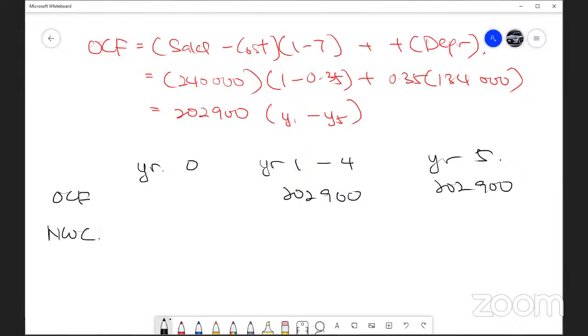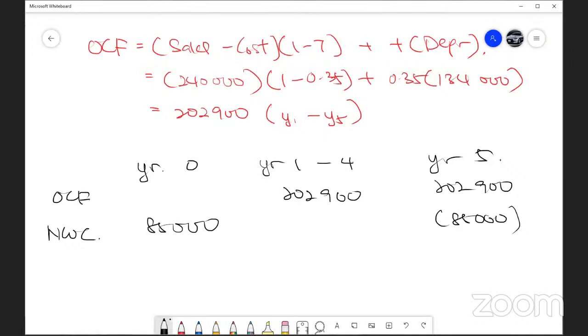Net working capital at year 0, you gain $85,000 in advance, because they're telling you that you'll be able to reduce working capital. So assuming now it is positive, at the end of the day it's going to be negative. That means it will be included also. It's always like that. If NWC at year 1 is negative, then you get it back at year 5. If it's positive, then in year 5 it is assumed to be used up or paid out instead. So this is our net working capital.